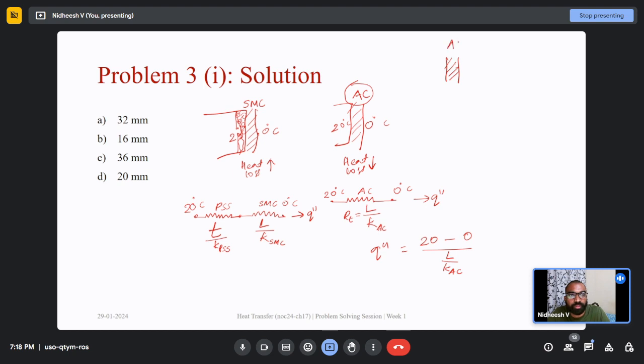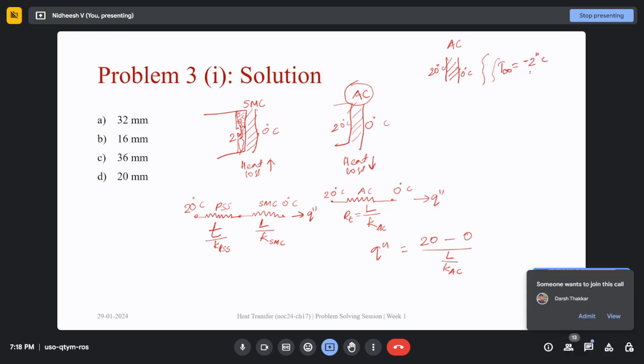Say this is aerated concrete, this is 20 degrees Celsius, this is 0 degrees Celsius, and some fluid is flowing with a temperature of T infinity equal to minus 2 degrees Celsius and some H value. Then in such cases the circuit would be as follows.